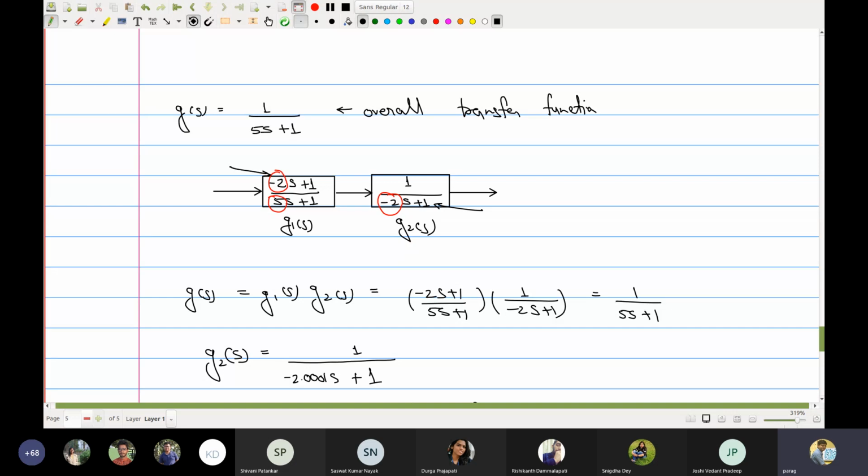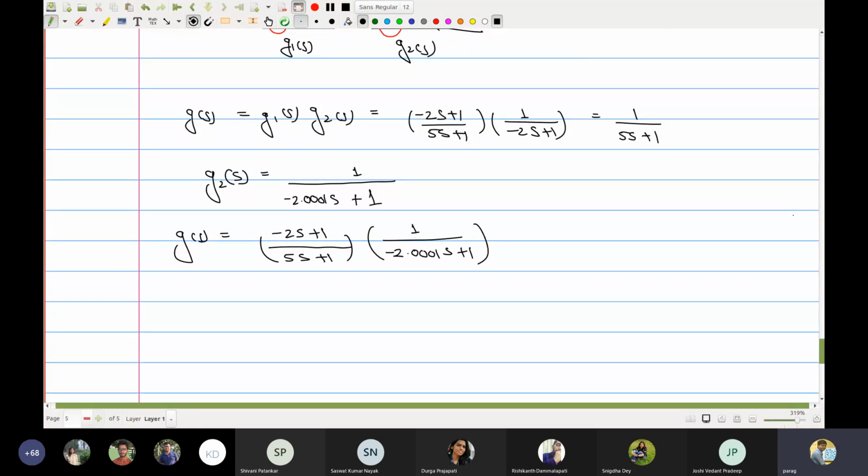So this is called pole zero cancellation. The pole of a component will cancel the zero of another component.